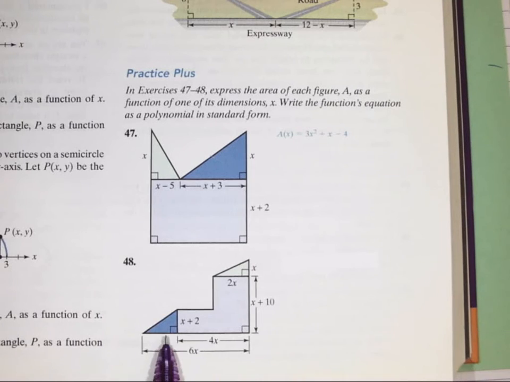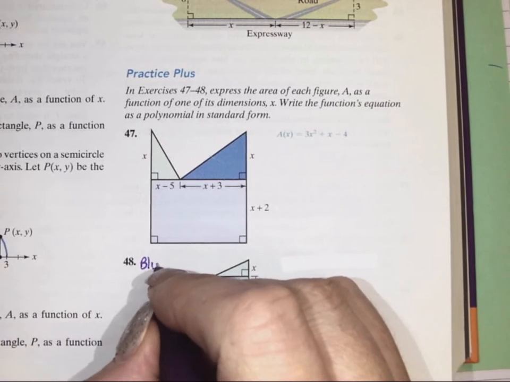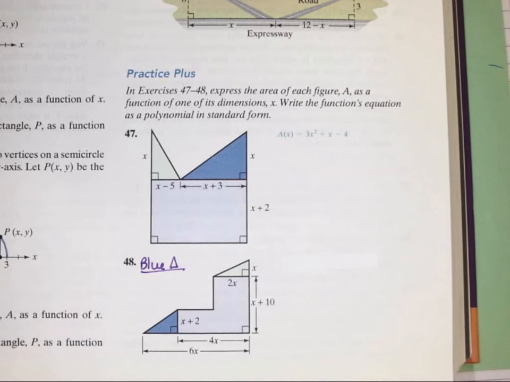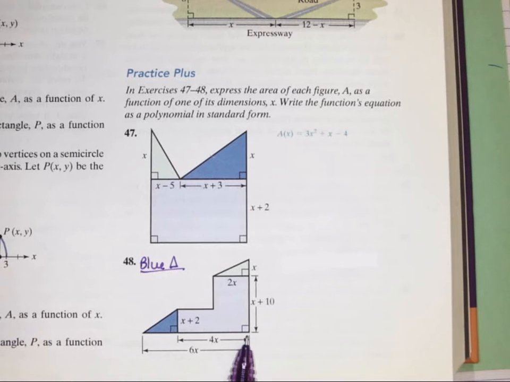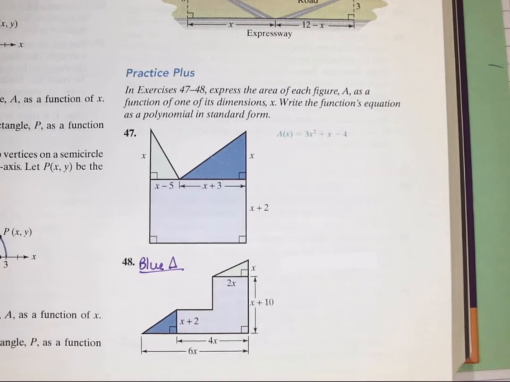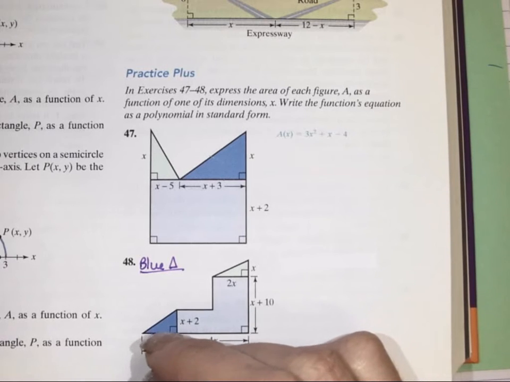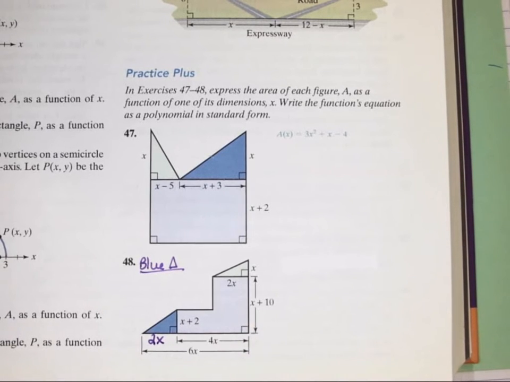All right, for the blue triangle, I'll show its work on this side. Notice that this entire length is 6x, and this length is 4x. So that means that this length here must be 2x. Does everyone see that? 2x plus 4x is going to give you the 6x.